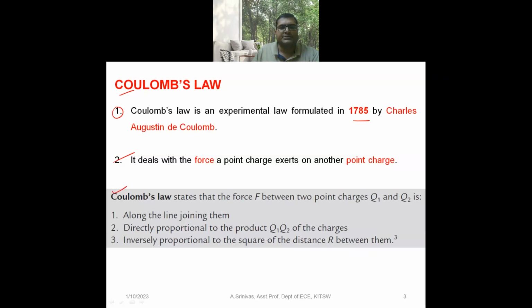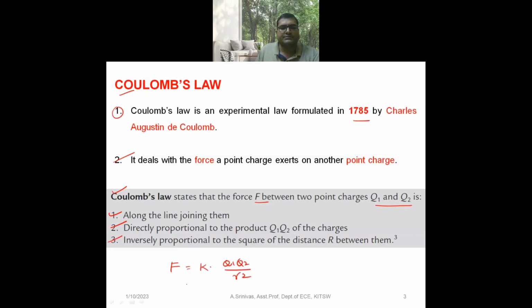Coulomb's law states that the force F between two point charges Q1 and Q2 is along the line joining them, directly proportional to the product Q1 Q2 of the charges, and inversely proportional to the square of the distance r between them. The magnitude of the force F is equal to some constant K into Q1 Q2 by r square.